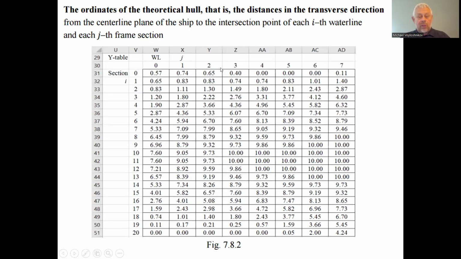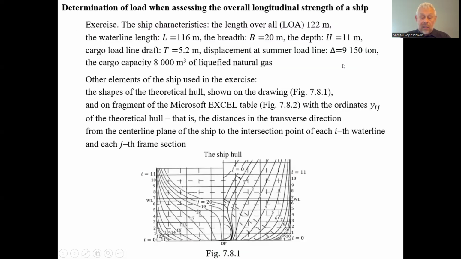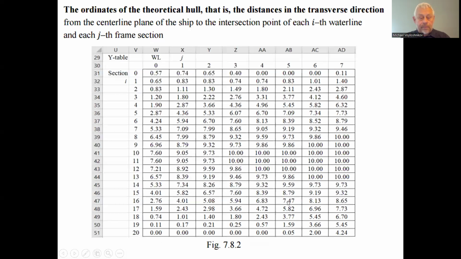This is a number of the water lines, the zero, second, fourth, etc., up to 7. The next one after that is the cargo water line, corresponding to the cargo displacement at the load line. This is the load line. And the numbers of the transverse sections: 0, first, second, etc., till 20. Usually we have 20.